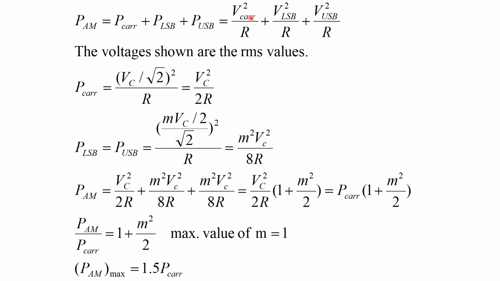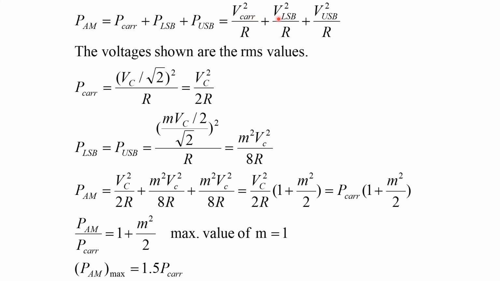Naturally, the power will be V squared divided by R, where R is the resistance and V is the amplitude of the carrier. Sorry, it is not the amplitude, it is the RMS value. The voltages shown are the RMS values.